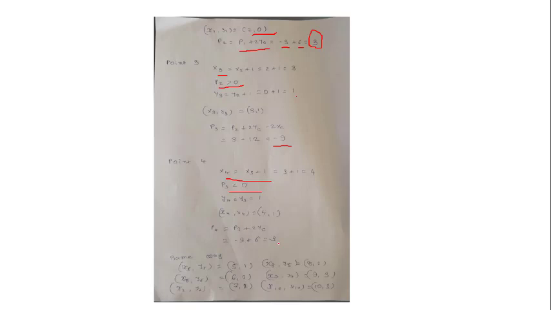So here we have to find the value of the decision variable p, whether it is greater than 0 or less than 0. If it is greater than 0, then we increment in the y direction. If it is negative, then we do not increment in the y direction.